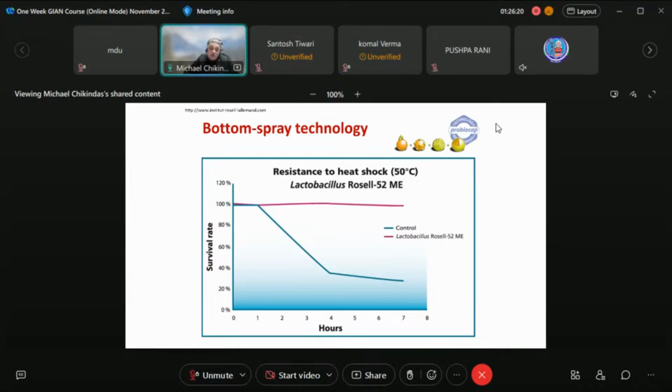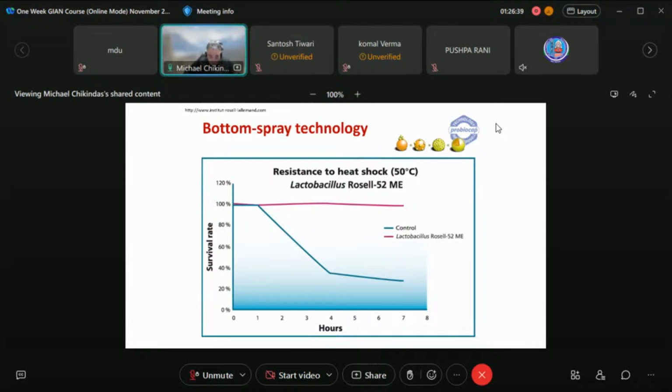Some examples of successful use of bottom spray technology, that is from Institut Rosell, Lallemand. I mentioned them on numerous occasions, especially talking about the vaginal probiotics.